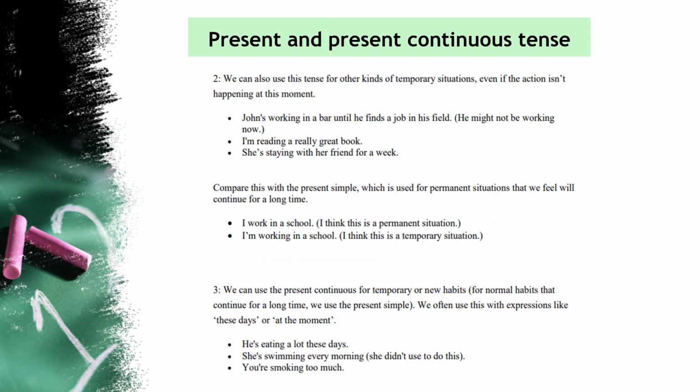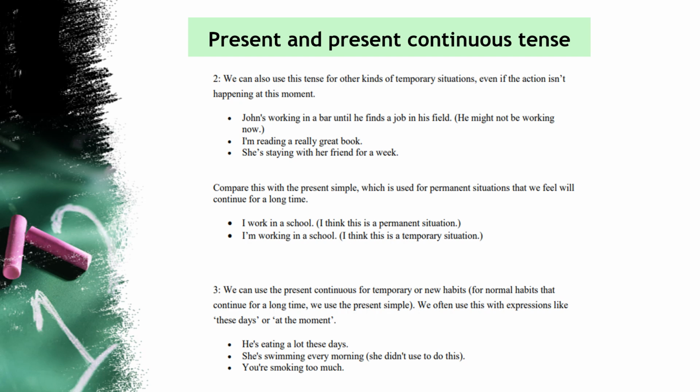The other case that we have to use here, we can also use this tense for other kinds of temporary situations. Temporary situations do take a while, so at that time we have to use the present continuous tense.